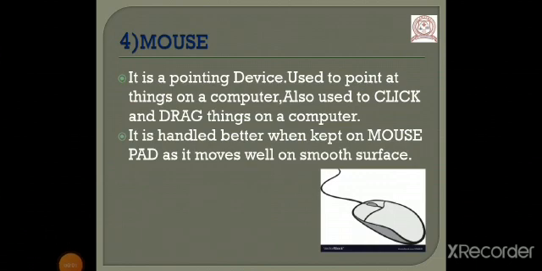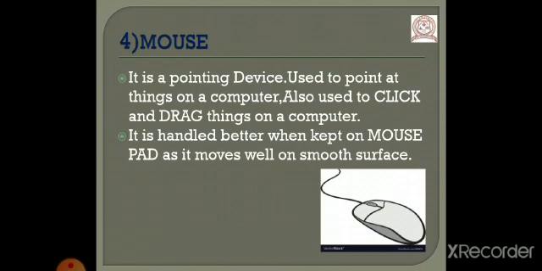Fourth part is mouse. A mouse is a pointing device normally joined by a cable to a computer. It helps us point at things on the computer monitor.